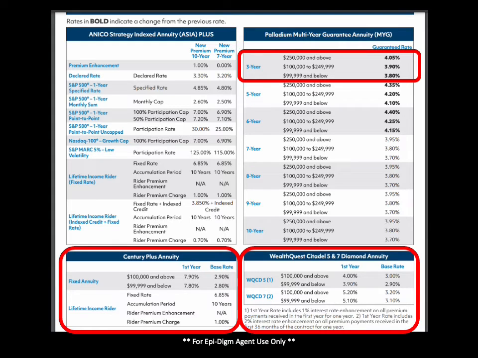But as you'll see, the interest rate will fluctuate. Wealth Quest Citadel 7 is 5.2% first year, and the base rate is 3.2%. The thing about Wealth Quest Citadel 7 is it's a flexible premium. You can put more money in it.